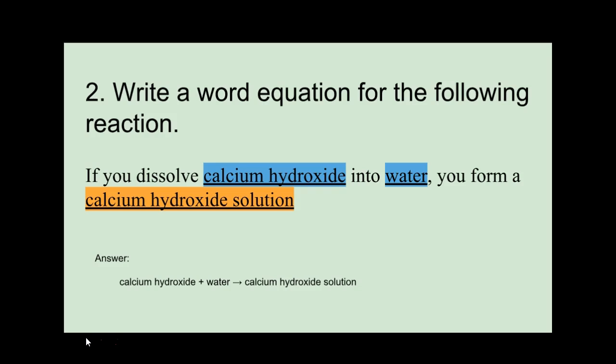The correct equation for this is sulfur dioxide plus water, arrow, sulfurous acid.